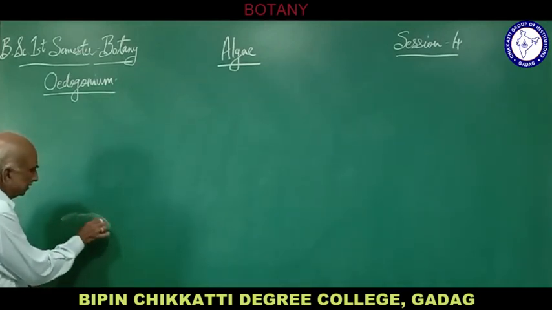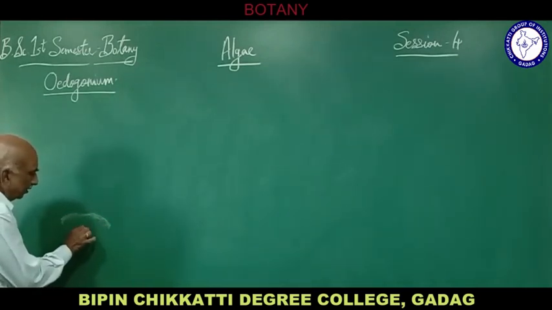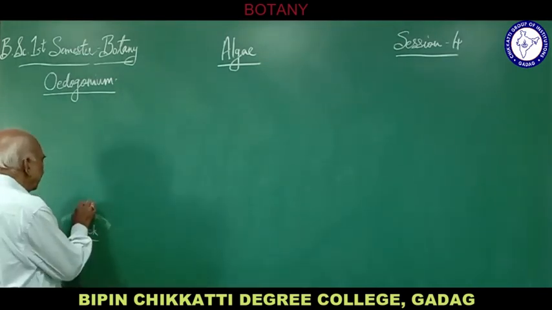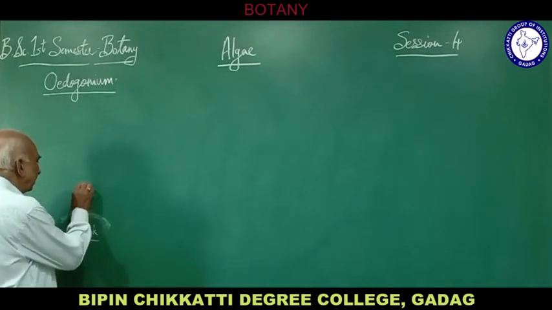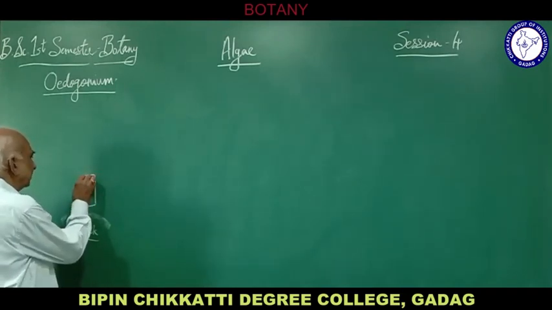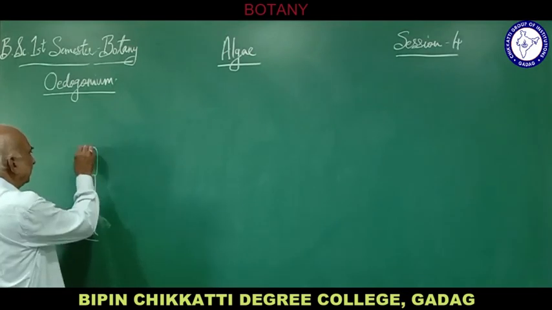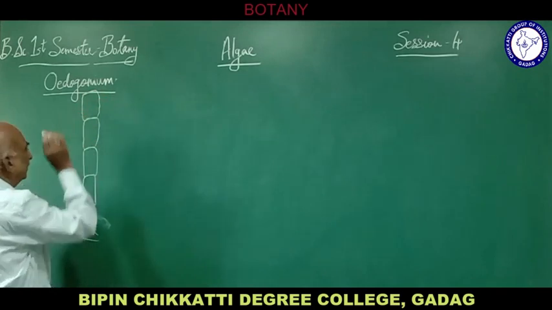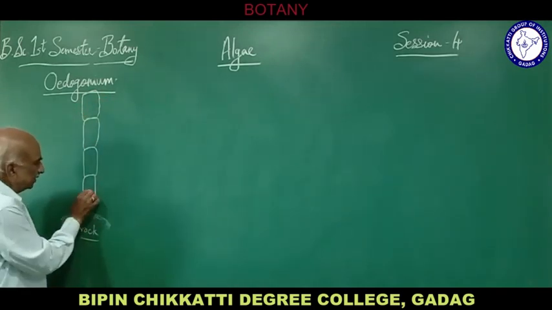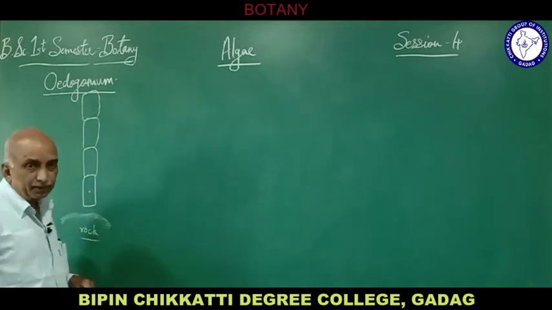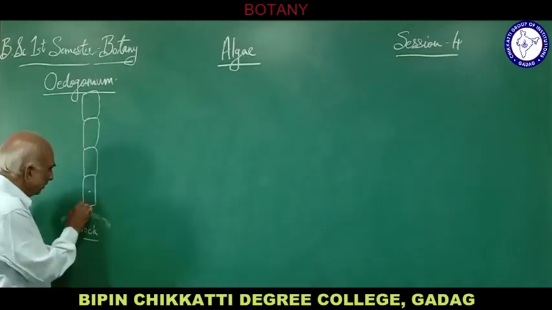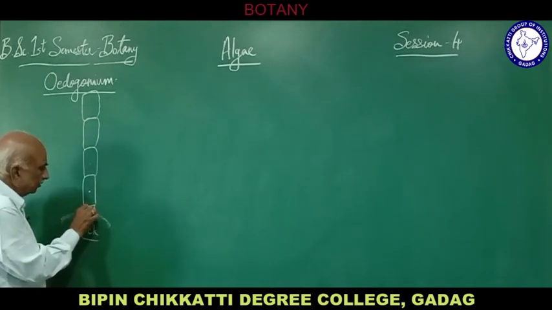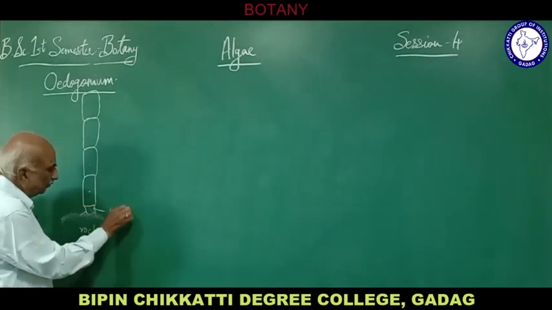Now suppose this is a substratum, it may be a rock, it may be any other hard surface. So these filaments are growing like this. Suppose this is a cell, this is another cell, and this is another cell. So these are the cells of the Oedogonium. The cell which is attached to the substratum is somewhat different, and this is called the holdfast.